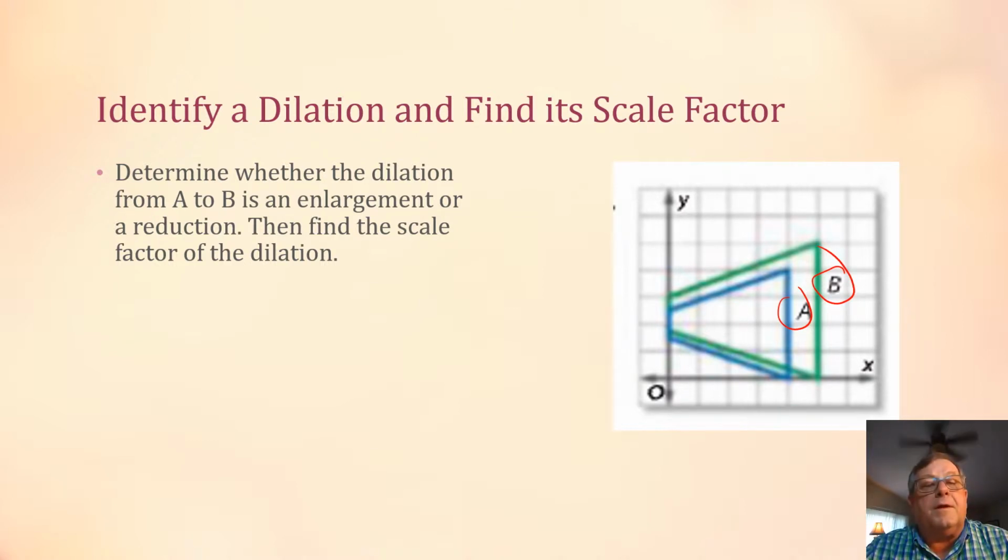So we got a pre-image or the original object, and then an image that we're making this comparison to identify, let's see, determine whether the dilation from A to B is an enlargement or a reduction, and then find the scale factor to find the dilation. Well, we're told that it's a dilation, so we don't actually have to prove that. A little bit later on, we're going to prove one to make sure that it's a dilation. Then we have to compare all of the sides and see if they have a common ratio.